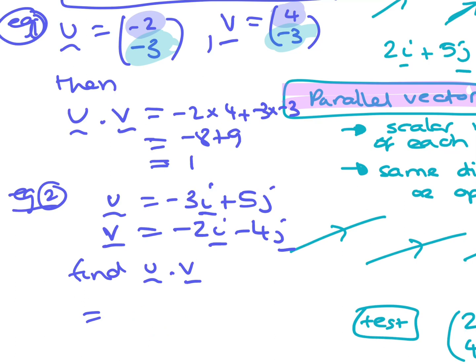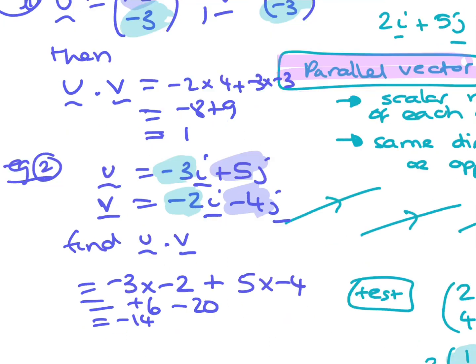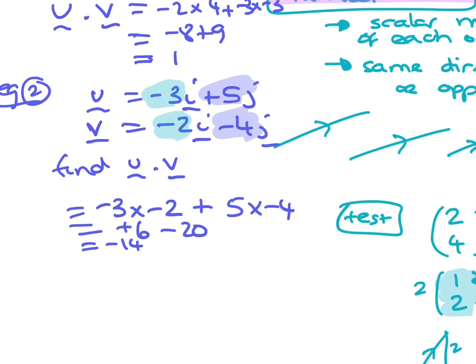So let's multiply the x's, that's minus 3 times minus 2. Multiply the y's, that's 5 times minus 4, and add them together. So it's x1, which is minus 3, times x2, which is minus 2, plus 5 times minus 4, so 6 minus 20, which equals minus 14. And that's the vector dot product.